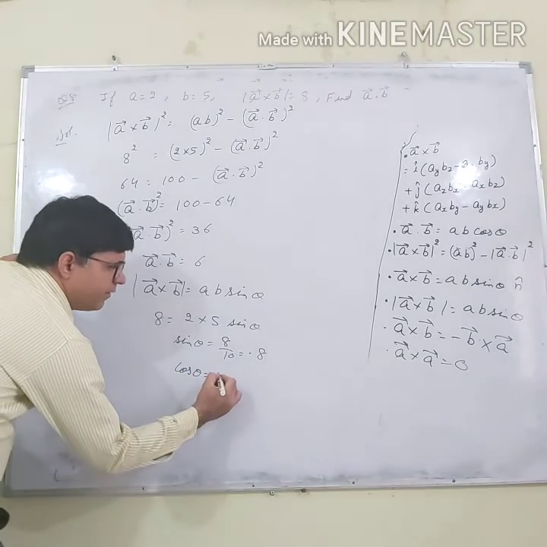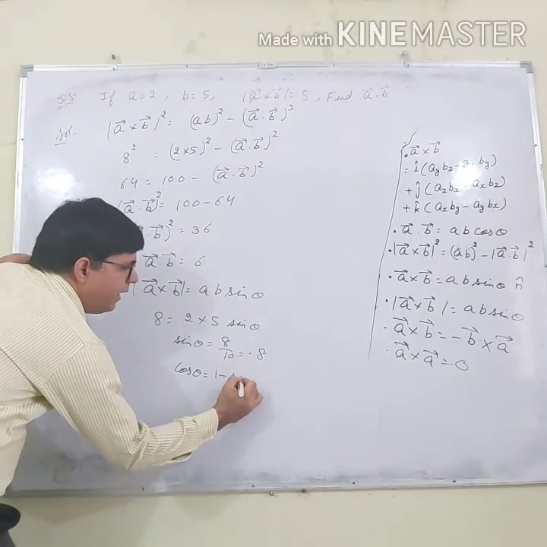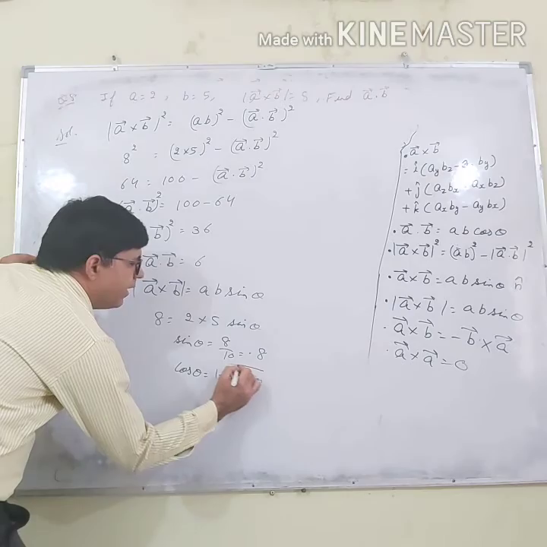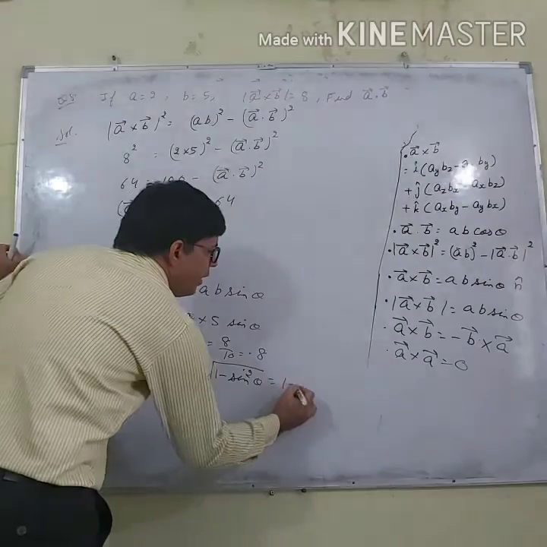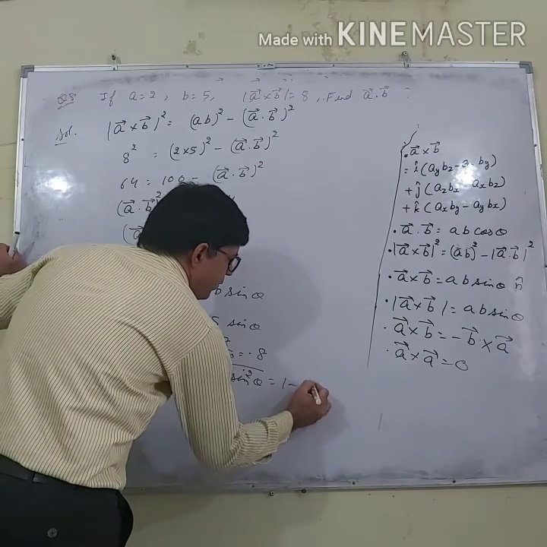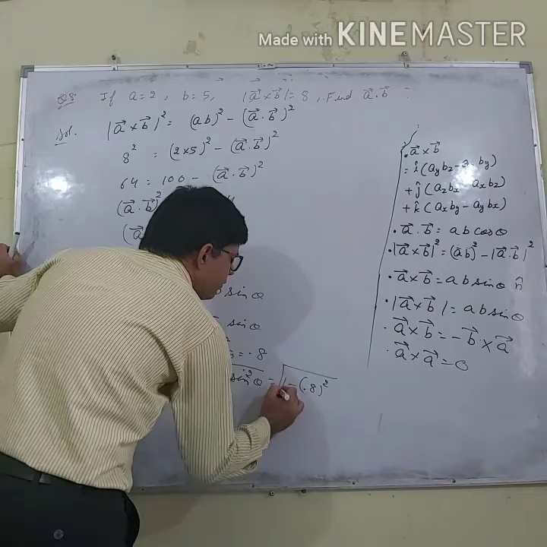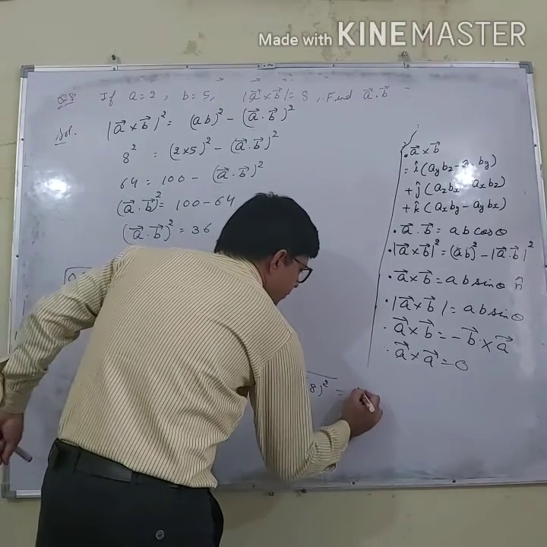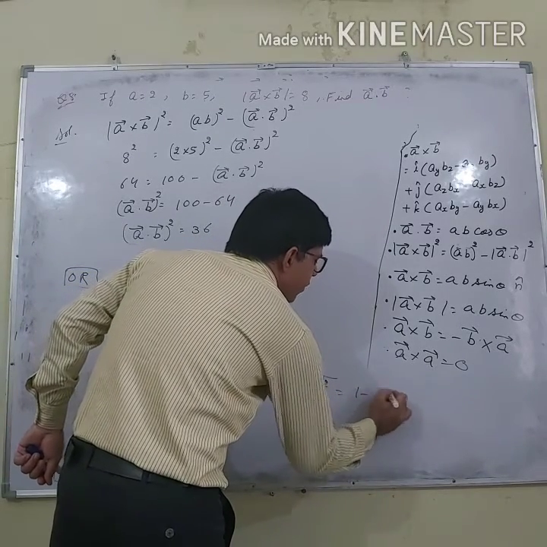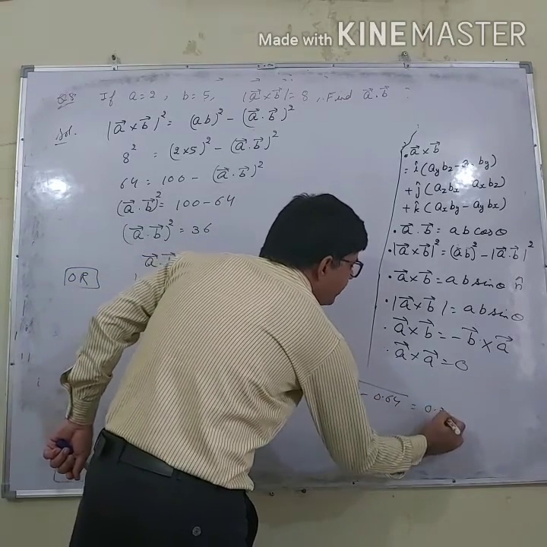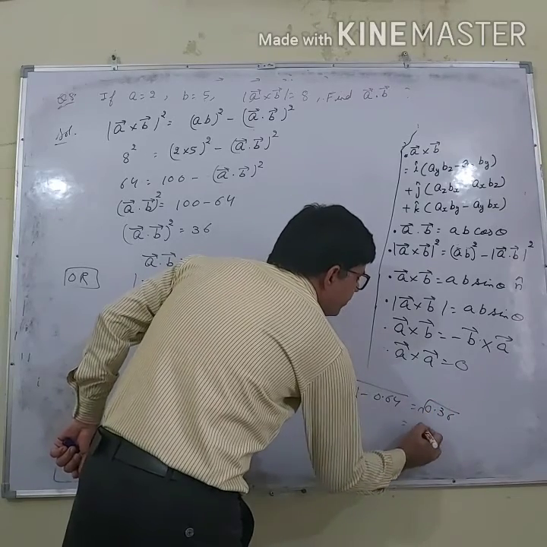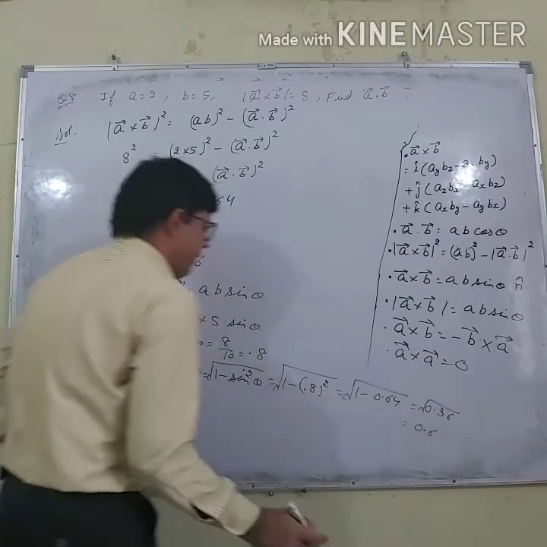What is cos theta? Cos theta is the square root of 1 minus sin squared theta. What is 0.8 squared? This is 1 minus 0.64. If you solve this, it is the square root of 0.36, so this is 0.6.